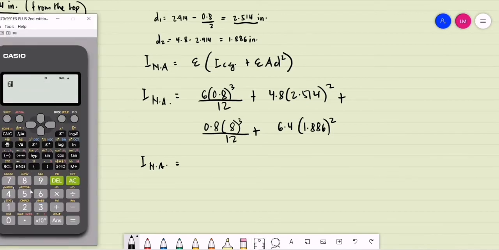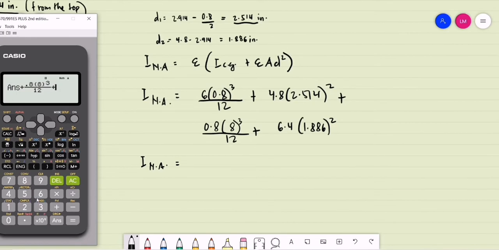So we have that as 6 multiplied by 0.8 cubed divided by 12, plus we have 4.8 multiplied by 2.514 squared. And then plus we have 0.8 times 8 cubed, this is for the web, over 12.